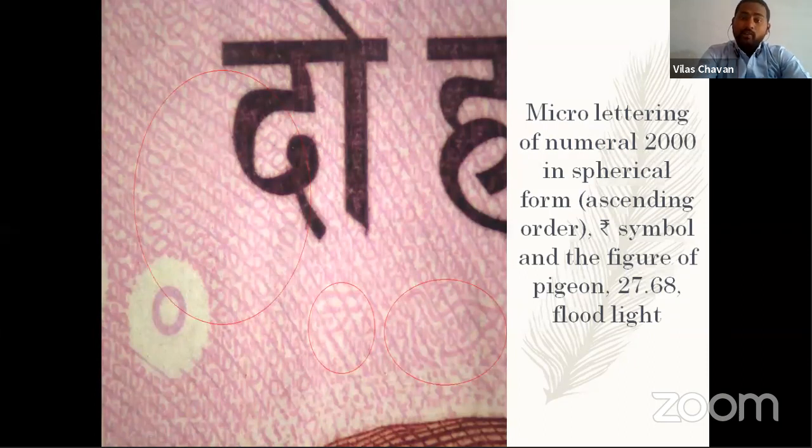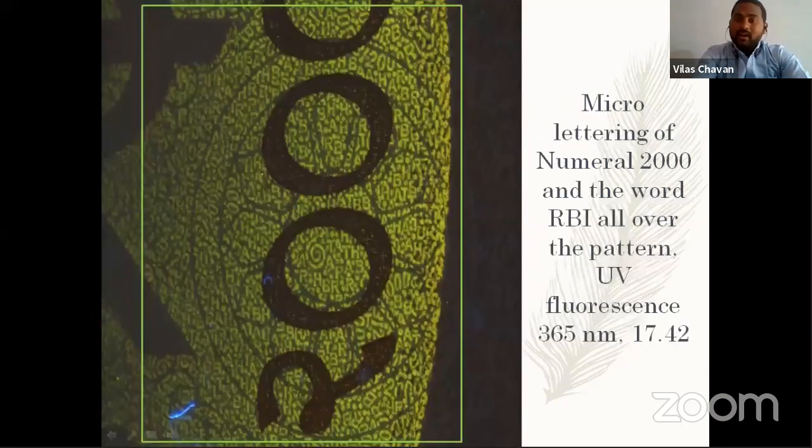Then comes the micro lettering of numeral 2000 and the word RBI all over the pattern, which gives fluorescence under UV light at 365 nanometer. So it's a spherical symbol here, which includes RBI and the denomination.